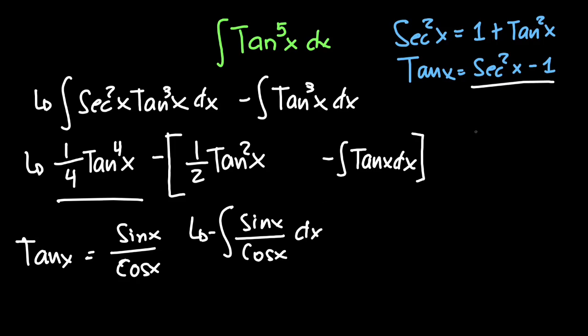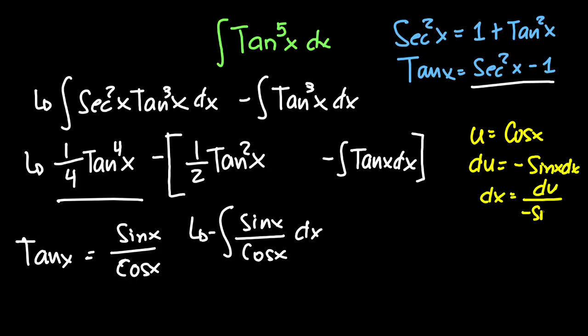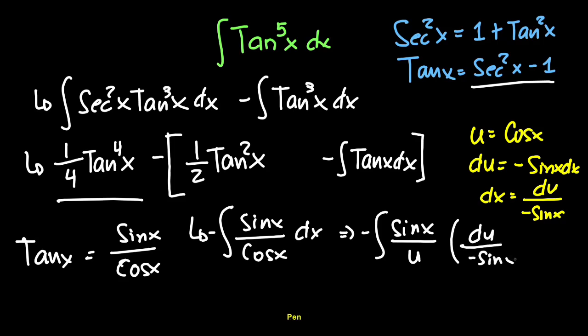Let u here be cosine of x. Take its derivative, which is equal to negative sine of x dx. Taking dx, this would be du over negative sine of x. So substituting that, this would be the integral of sine x over cosine of x, which is u, multiplied by dx, which is du over negative sine of x.